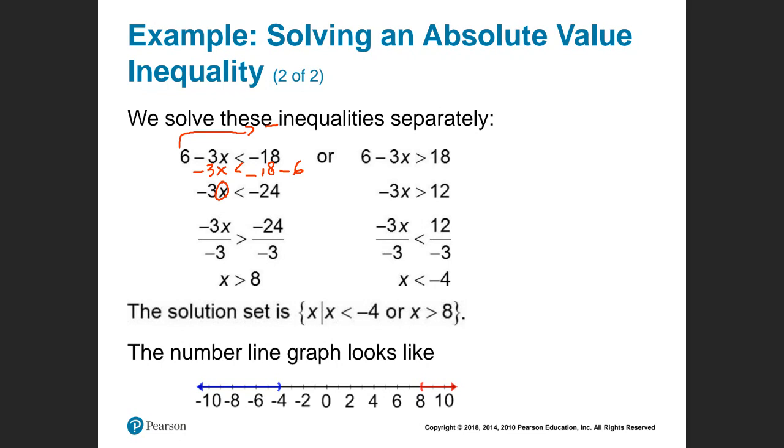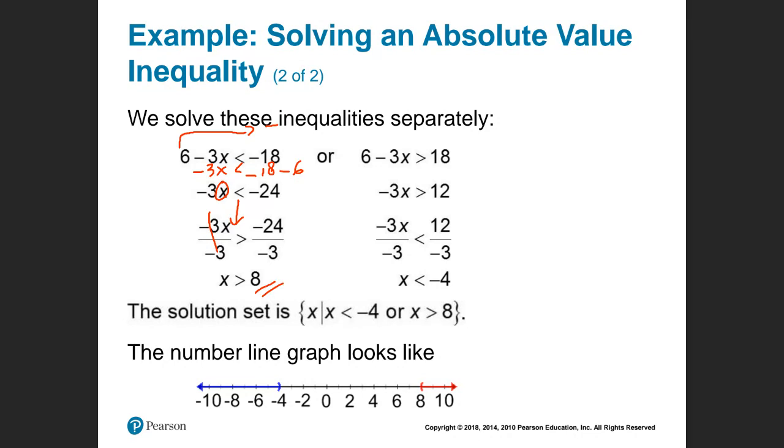Remember, dividing by a negative means you have to change the sign, so less than becomes greater than. So negative 3x divided by negative 3 greater than negative 24 divided by negative 3. This becomes x greater than, negative divided by negative is positive, 24 divided by 3 is 8. So we got the answer x greater than 8.